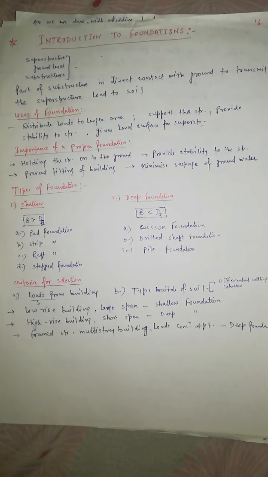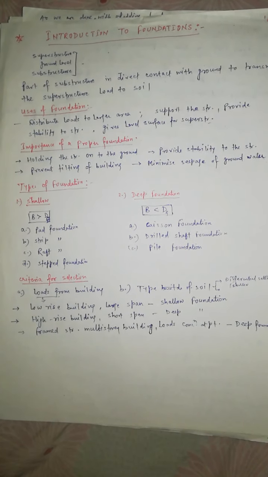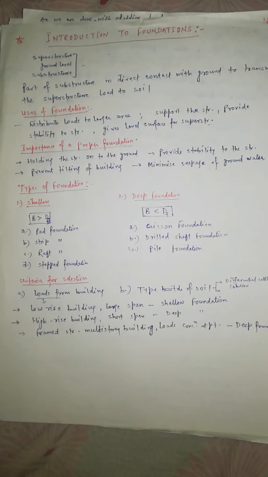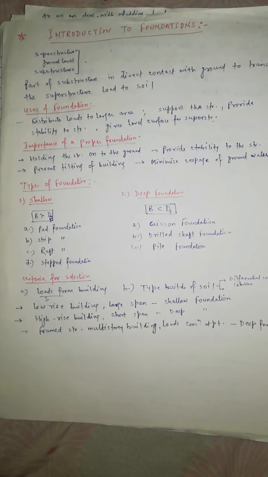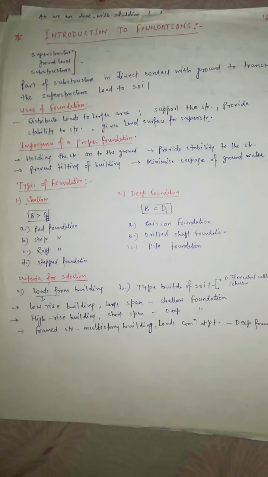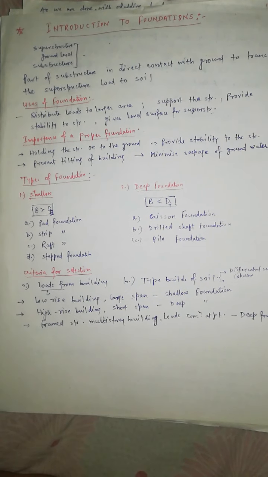Now we will learn about different types of foundation. Basically, there are two types of foundation. First is shallow foundation, in which the width of the foundation is greater than the depth of the foundation, and the second one is deep foundation, in which the width is less than the depth.